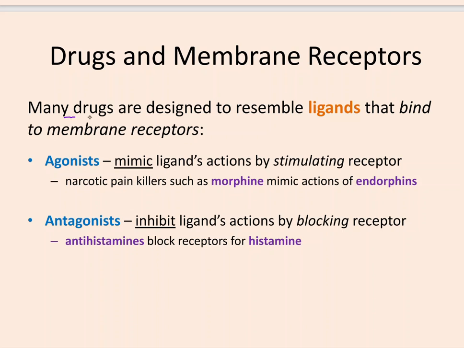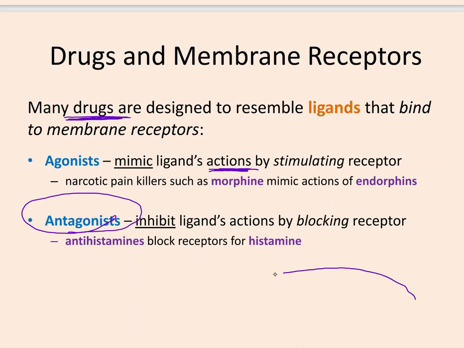Okay, so drugs can do that. They can bind to certain cell surface receptors on the plasma membrane, right? And what they can do is they can either mimic the normal action of something that the cell would receive, or it can work against it.